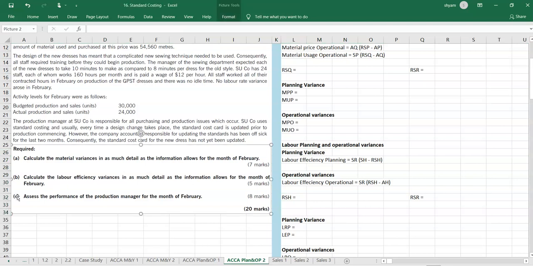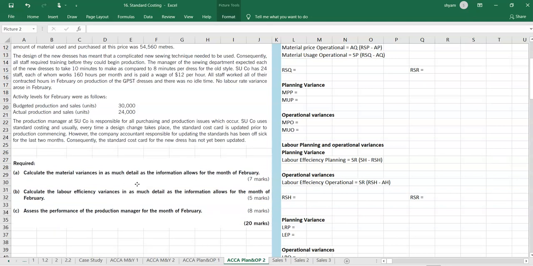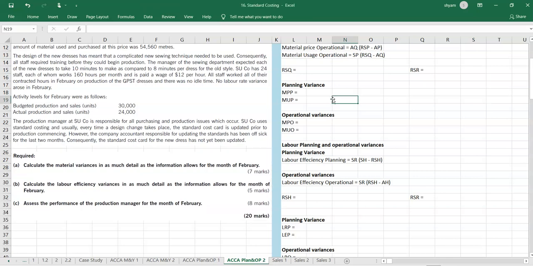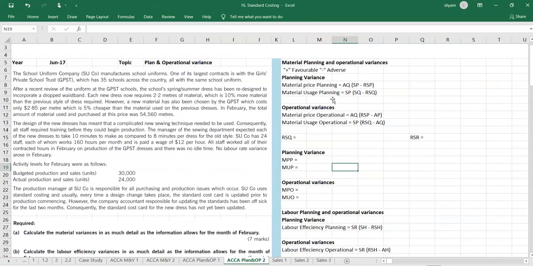And finally, he says, assess the performance of the production manager for the month of February. So that's about the question here. Let's start from the top. As and when we read the question, we'll also get the numbers and put them down.